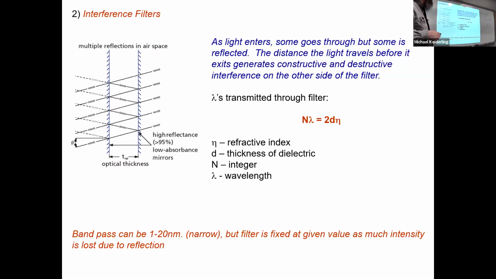So the wavelength times some whole number will equal twice the thickness of the filter, corrected by the refractive index. And the bandpass can be quite narrow, 1 to 20 nanometers, but the filter is fixed at a very given value, and a lot of intensity gets lost due to the reflection. So a lot of the light gets bounced back.